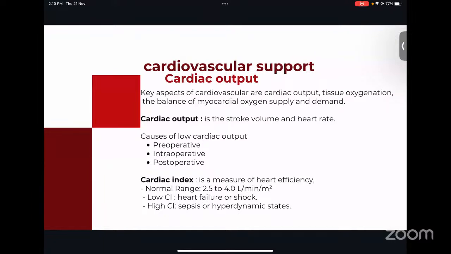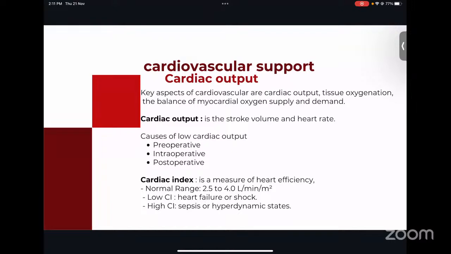Cardiac output is a key element of cardiovascular support in post-operative care, including tissue oxygenation and balance between myocardial oxygen supply and demand. Cardiac output is determined by the stroke volume and the heart rate. There are three major determinants of stroke volume: preload, afterload, and contractility.